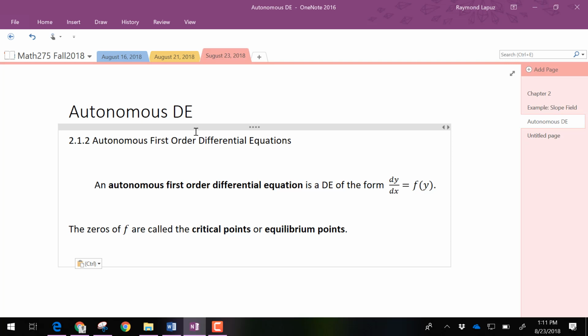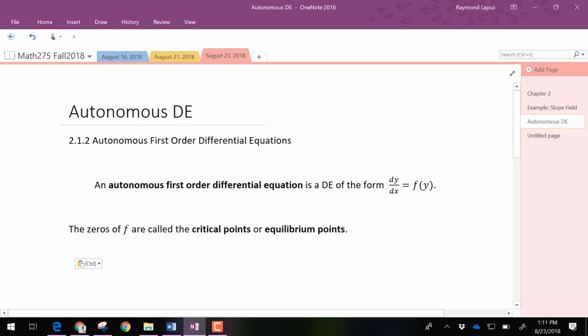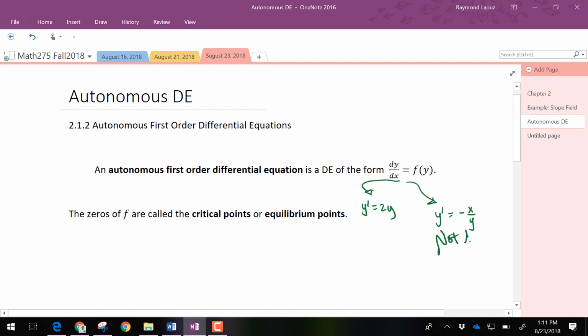Okay? And just as two quick examples, our first example that we did was y prime is equal to 2y. Is this an autonomous differential equation? Our second example that we did was y prime is equal to negative x over y. Is this an autonomous differential equation? No, because there's an x in there, so not autonomous.